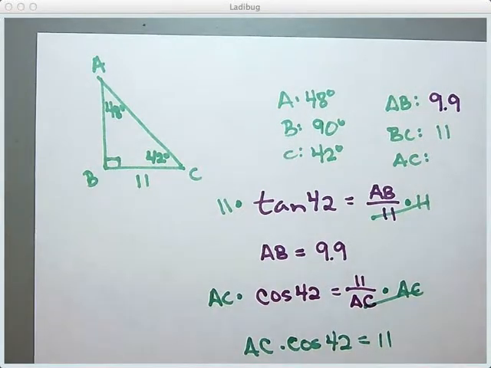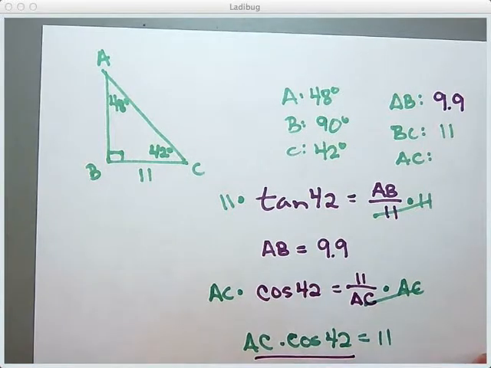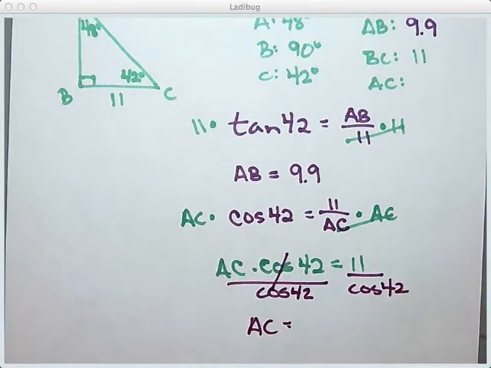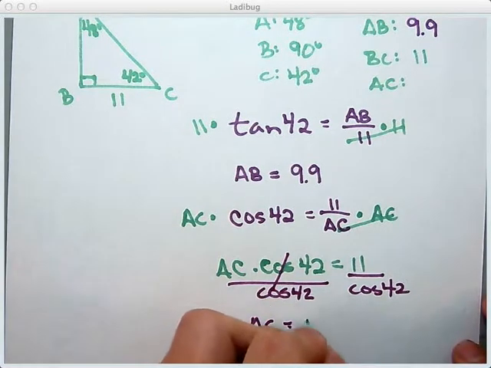And then divide by cosine of 42. And so therefore AC is 11 over the cosine of 42, or 14.8.